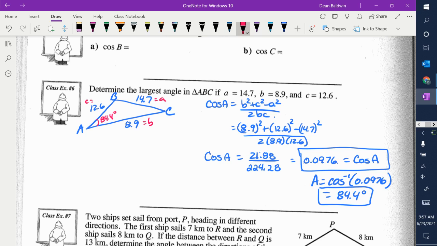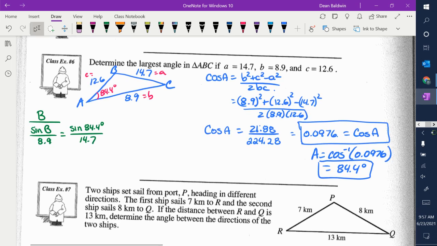So let's find B. It'll be sine of B over 8.9 is equal to sine 84.4 over 14.7. So you should get sine of B is equal to 0.603.